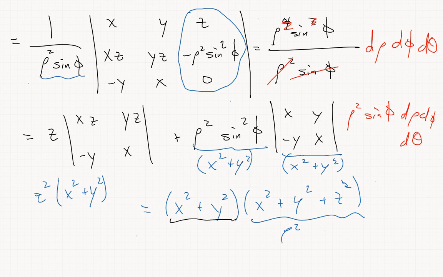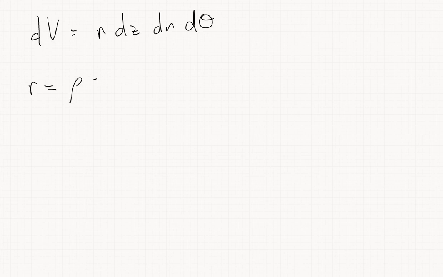Now, let me show a slightly easier way to get to that using cylindrical coordinates. So that was pretty long. Remember, in cylindrical coordinates, our volume differential is r dz dr d theta. So the conversion is r equals rho sine phi. This is what we were just saying a moment ago.